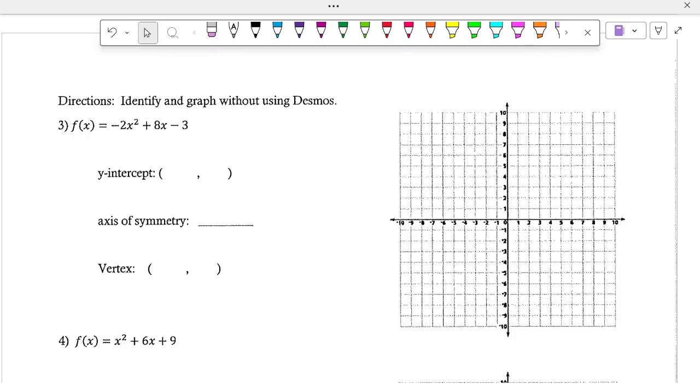So at 8:33, move on. So everyone should be trying this. You don't need to graph it just yet.